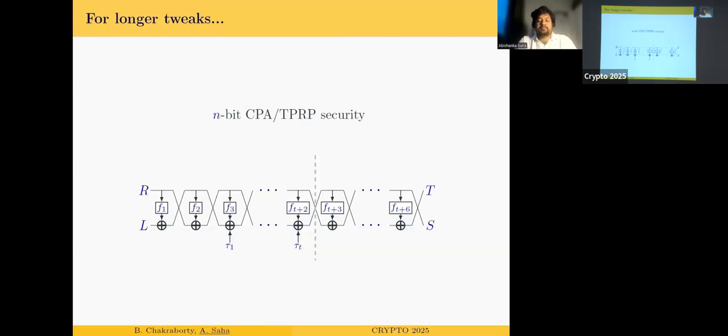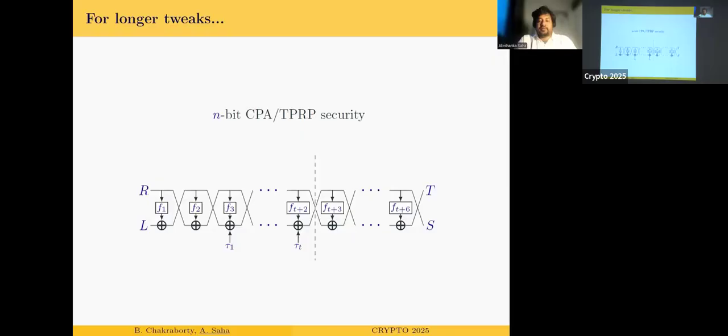And this can be seen modularly as follows. The left part of the construction, to the left of the gray line, can be seen as the tweak processing part, which contains T plus 2 LR rounds, and it processes the tweak, and then 4 more rounds of LR are added to it to give you the entire construction.